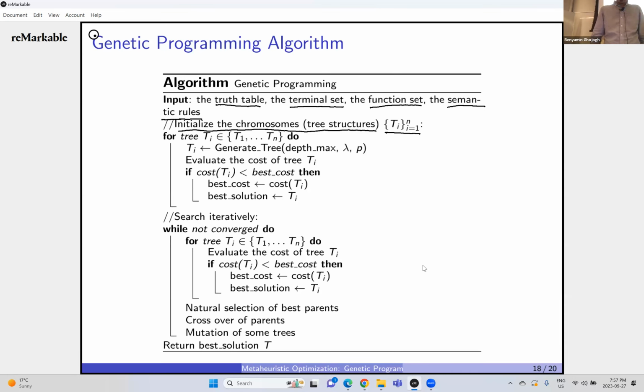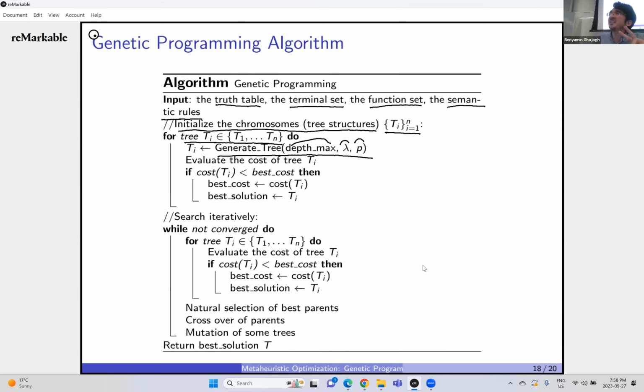Okay. Now I have a loop for every tree, T1 to Tn. What do I do? Initially, I generate the tree randomly with some maximum depth, lambda and p. Lambda was the parameter of the Poisson distribution, and p was a probability for whether being a function node or a terminal node. It gives me Ti as initial tree, right?